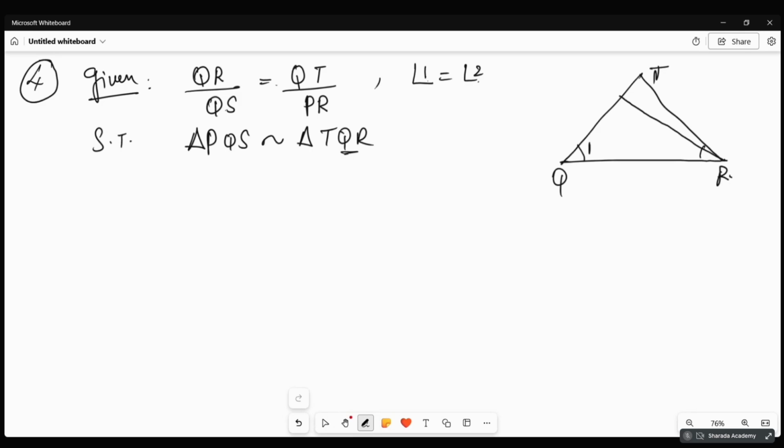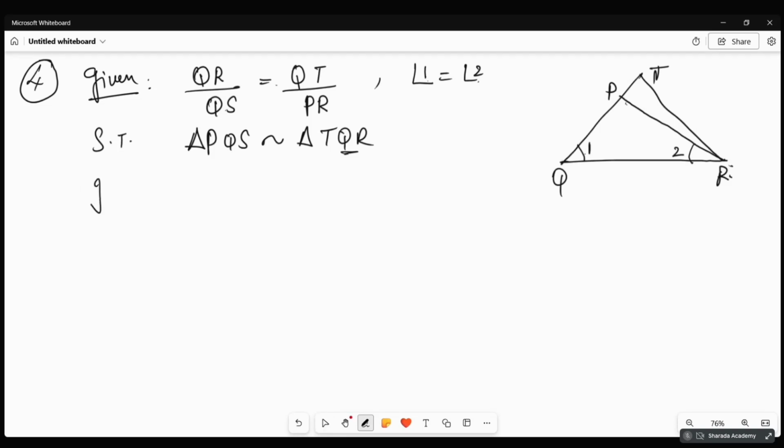Now this is angle 2 they have given. Angles 1 and 2 are equal. That means what? PQ is equal to PR, because in a triangle, if two angles are equal, then the sides opposite to that are equal.